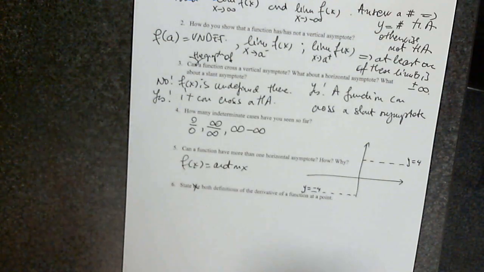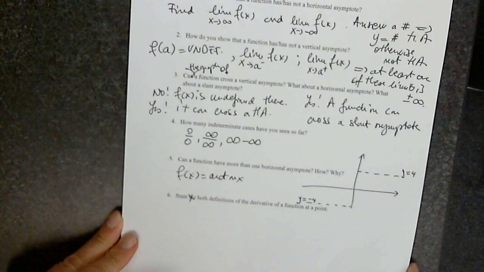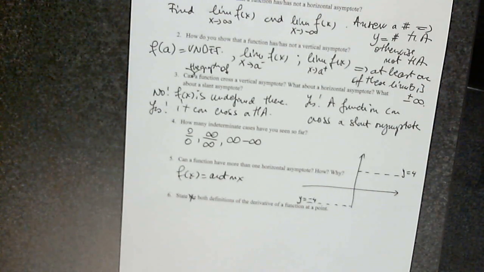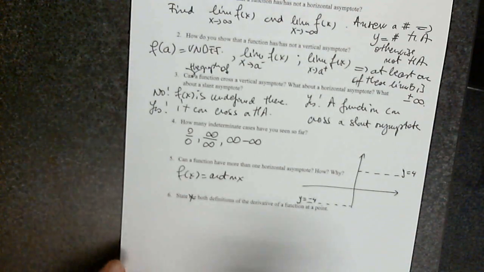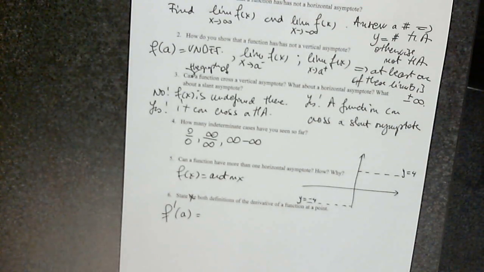State both definitions of the derivative of a function at a point. I would like us to start there, because I only showed you an example. So these are two different formulas? Yes, there are two ways of presenting it. I only showed an example. We did not really go into details.